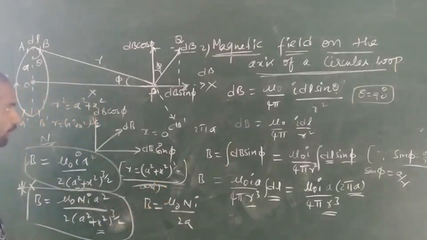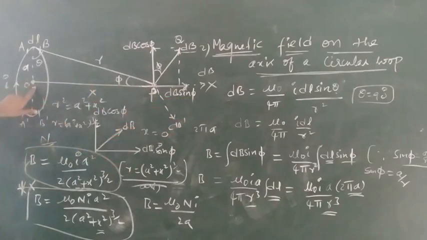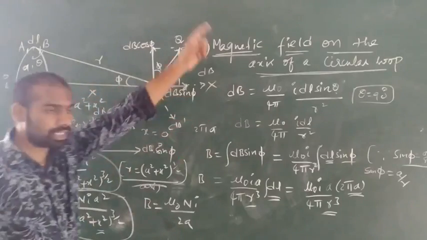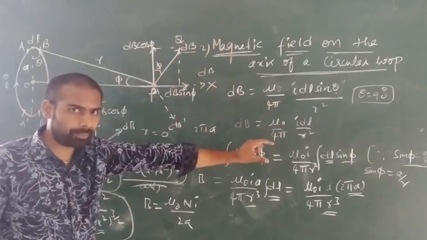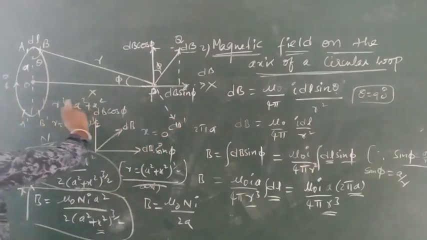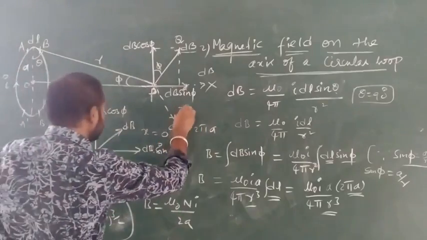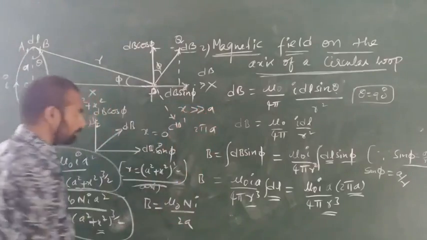Now case 2: at a very far distance from the center. What is the magnetic field? For that purpose, x will be more than the radius of the circle, that is, x is greater than a.